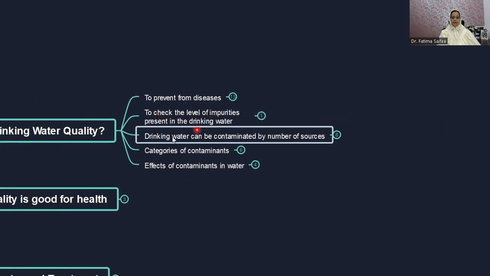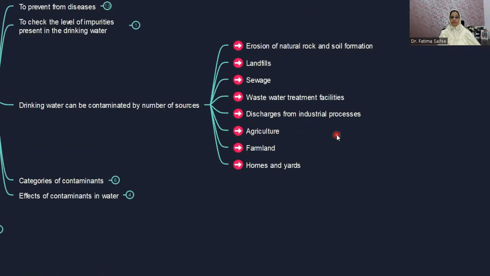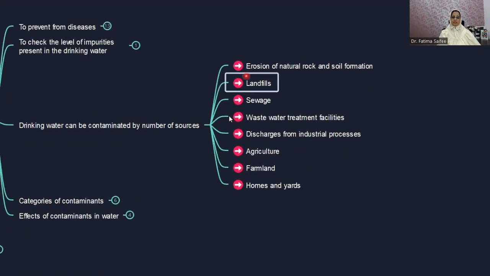Drinking water can be contaminated by a number of sources. In this section we cover these through our presentation. The sources can be erosion of natural rock and soil formation, landfills, sewage, wastewater treatment facilities, discharge from industrial processes, agriculture, farmland, homes and yards.